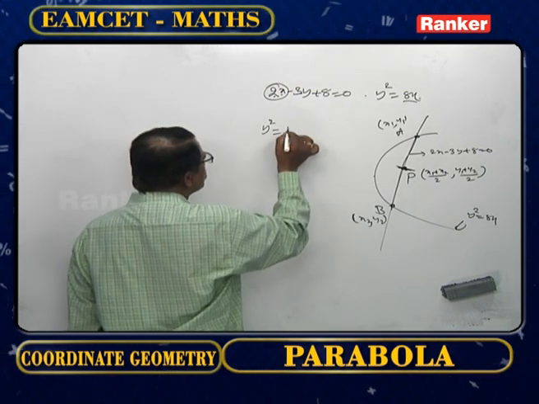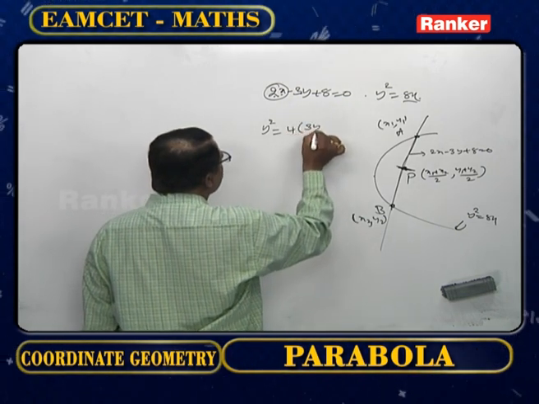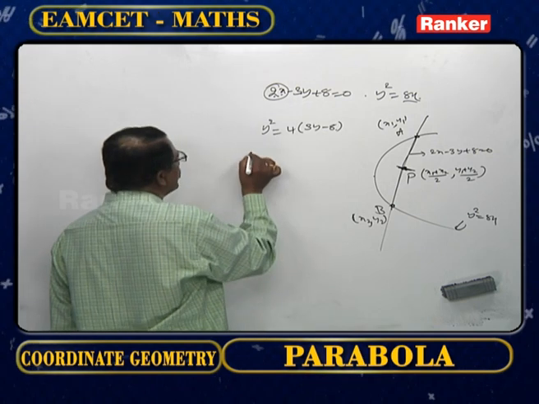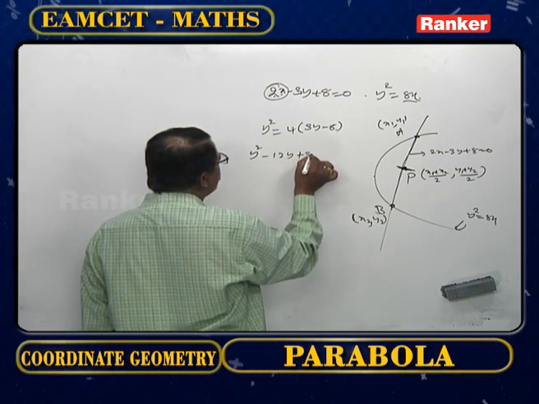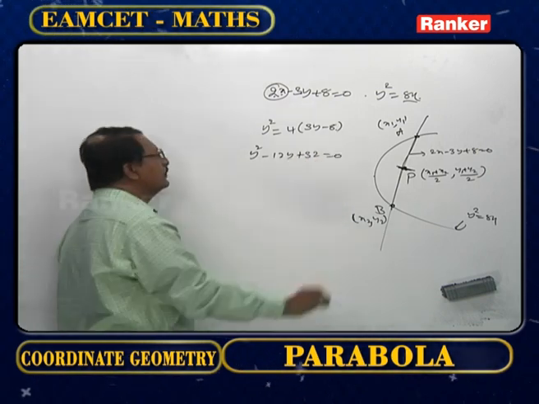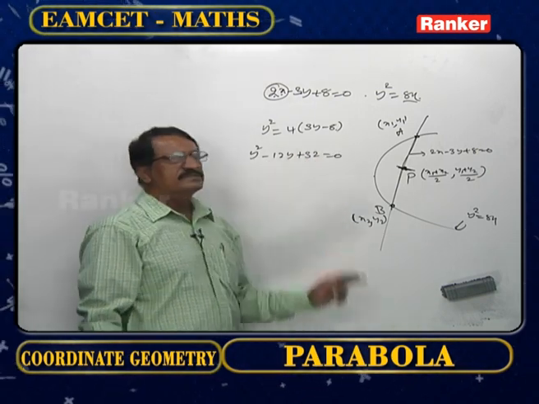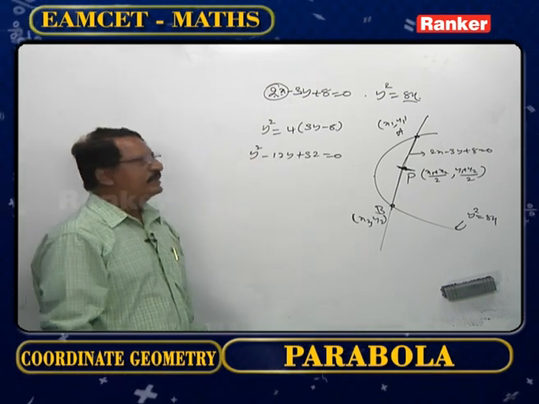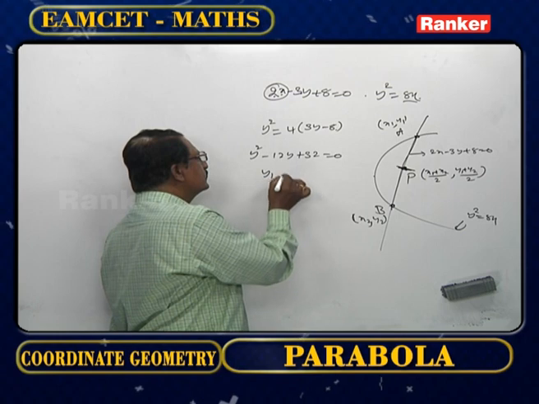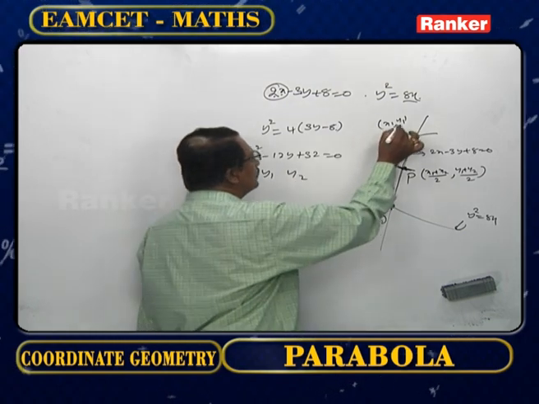Substitute 4 into (3y minus 8). Now y square minus 12y plus 32 equals 0. It is a quadratic equation in terms of y. It has two roots, y1 and y2.